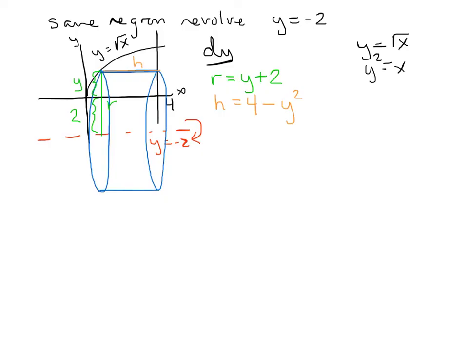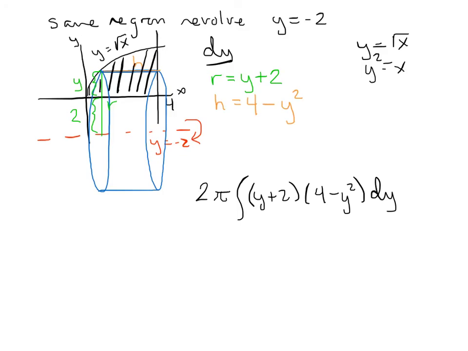All right, so now I have everything to set up this integral. 2 pi times the integral of the radius, y plus 2, times the height, 4 minus y squared. We're integrating with respect to y. And y is going to go from, now I have to look at my picture again, and keep in mind with this, we only want to be adding this region.